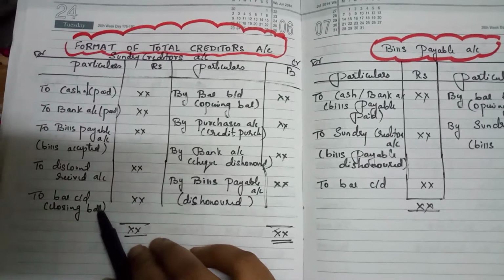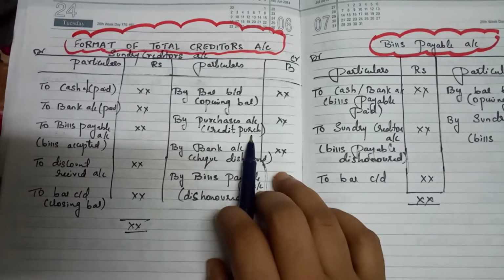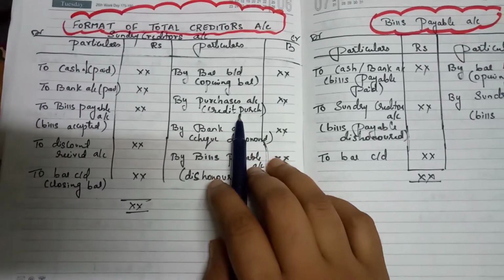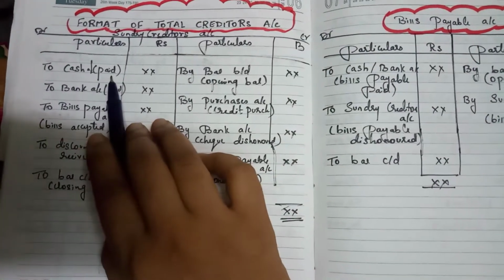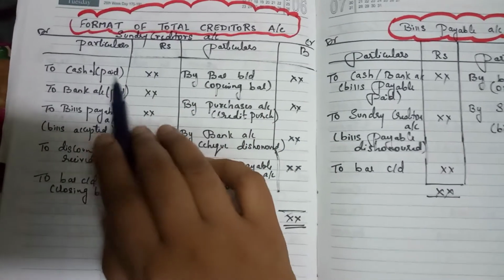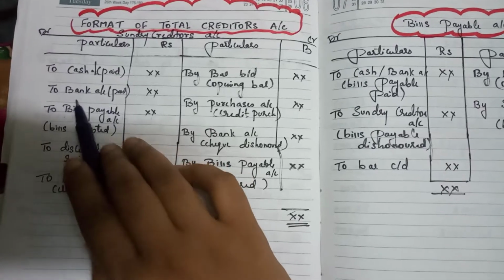Here, by purchases account. When you make any purchases on credit, that is called credit purchases. Next, if you are paying cash to the creditor, meaning the supplier, you write to cash account. If you are paying by cheque, you write to bank account.